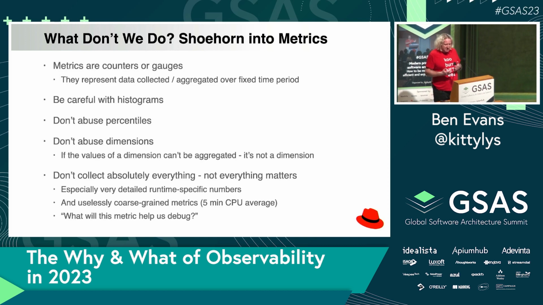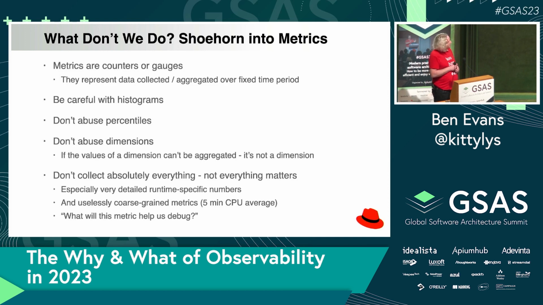Metrics are counters of gauges, they're aggregates, but you can't really shoehorn things into them. In particular, people try to abuse histograms to carry data they're not really meant to, and that becomes a problem because histograms have buckets, and if you try to aggregate two things together which have got different bucket sizes, you end up with a broken histogram that is not actually accurate.